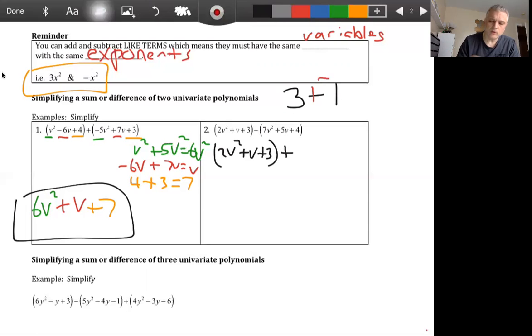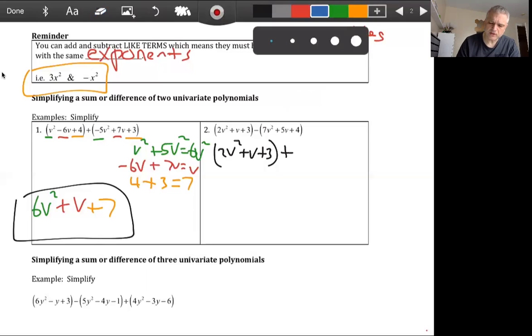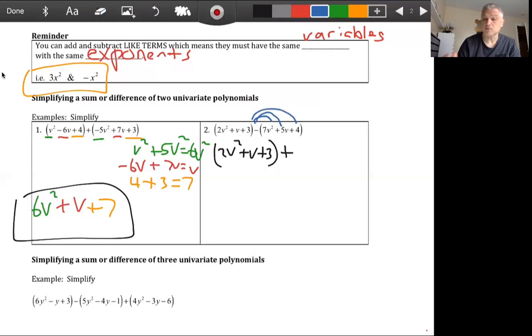So we're not going to subtract the second polynomial. We're going to add its opposite. So it's like a distributive property. There's a negative 1 outside of the parentheses, and we're going to take that negative 1 and multiply it by the 7v squared. We're going to multiply it by the 5v. We're going to multiply it by the 4. We're going to multiply by all of them.